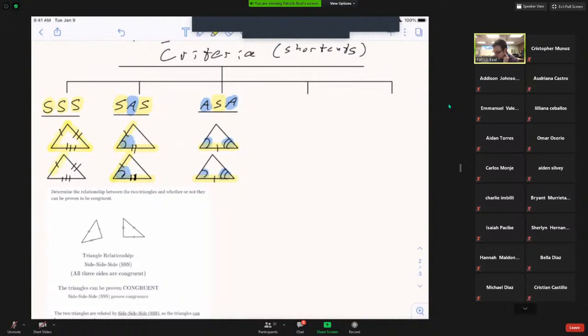There we go. All right. Our fourth shortcut, so we got SSS, SAS, ASA, AAS.